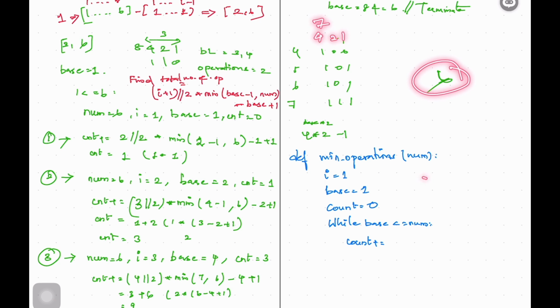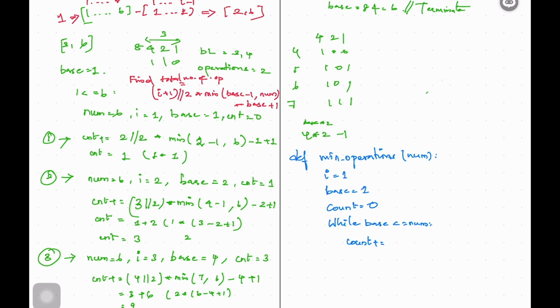When the base goes beyond 8, we know that after that there will not be any binary length. So for that we have added this condition: the base should be less than or equal to num.